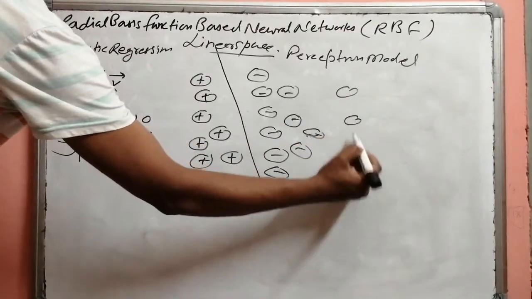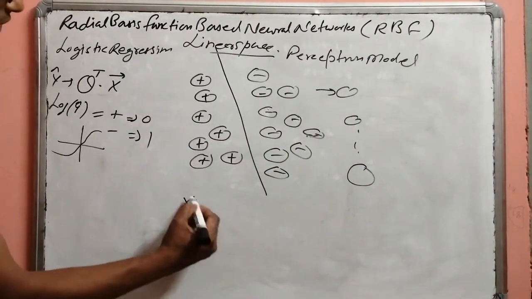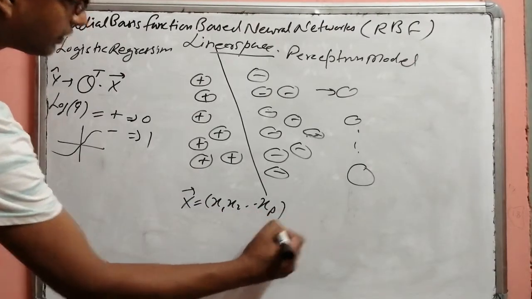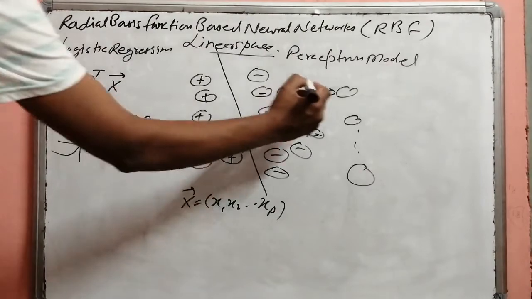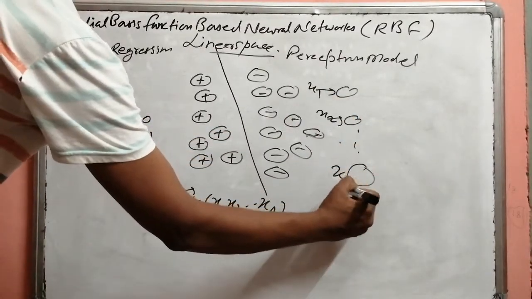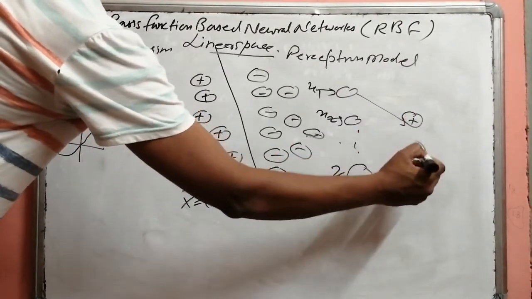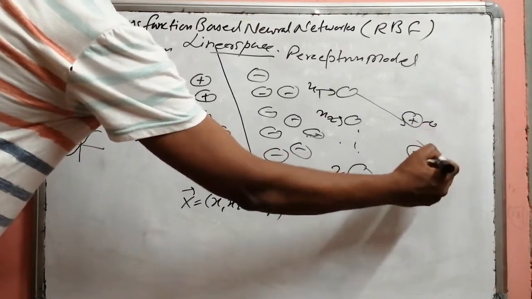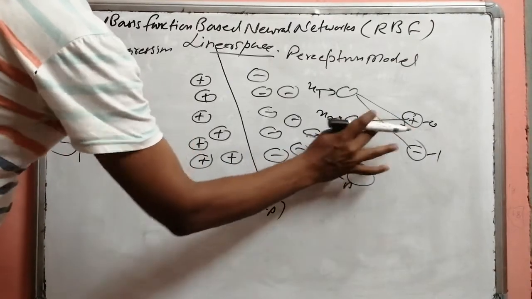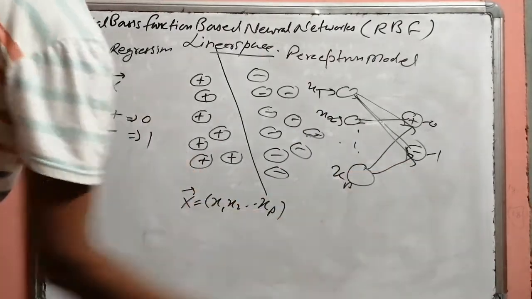The perceptron will have p number of features if your input vector x was distributed over p features, x1, then x2 up to xp, and it will have two classes, class positive, class negative, or class 0 or class 1, you may say. And all your input units will be connected to your output units.